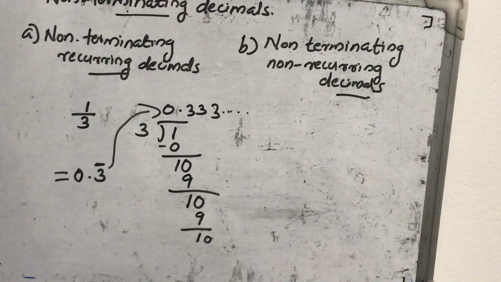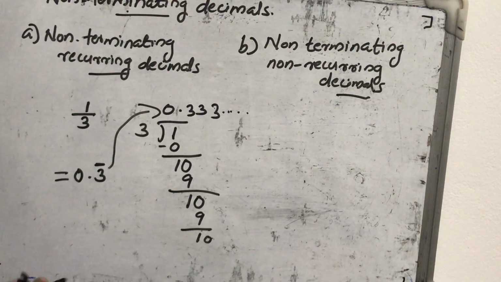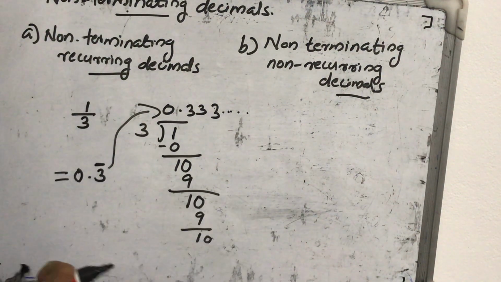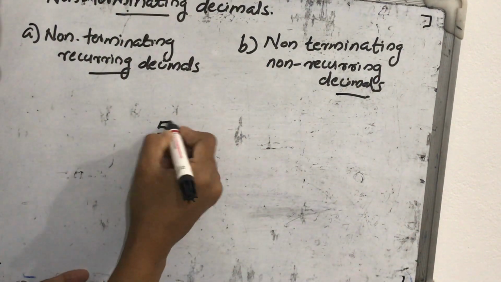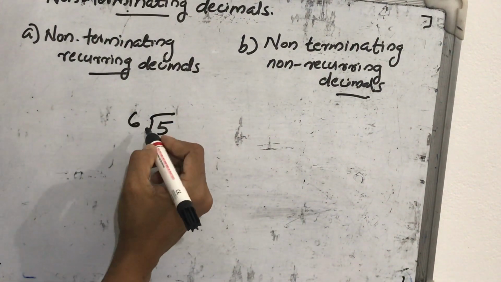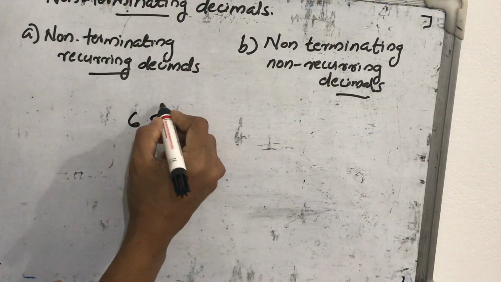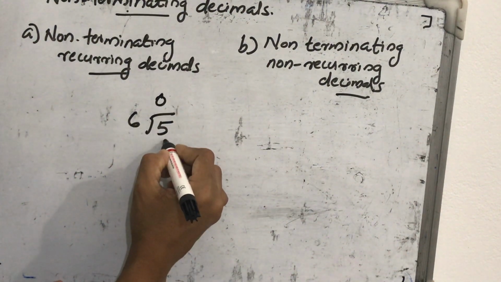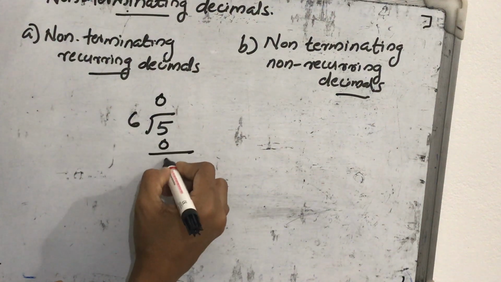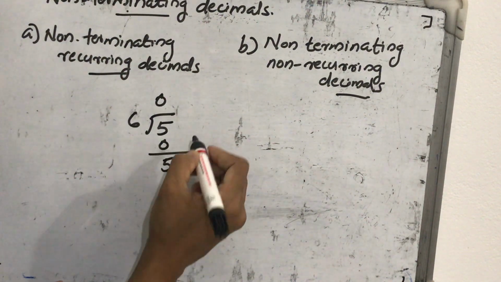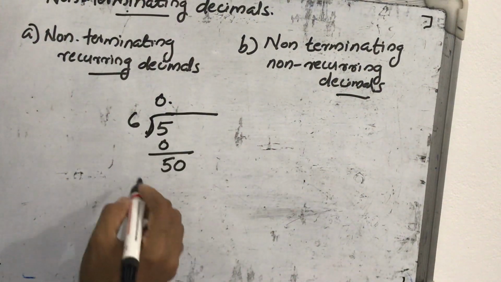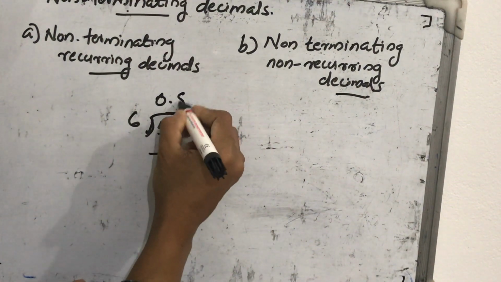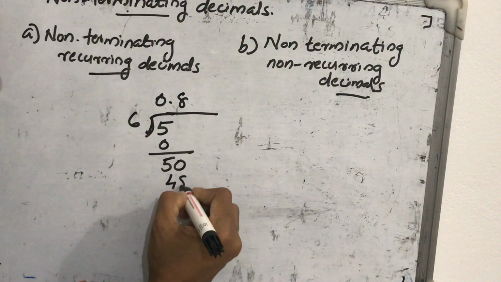Another example, when we divide 5 by 6. Look at that example, 5 by 6. First we get 0, 5 minus 0 is 5, then 50, then put a decimal point. After the decimal point we get 8, 8 into 6, 48.